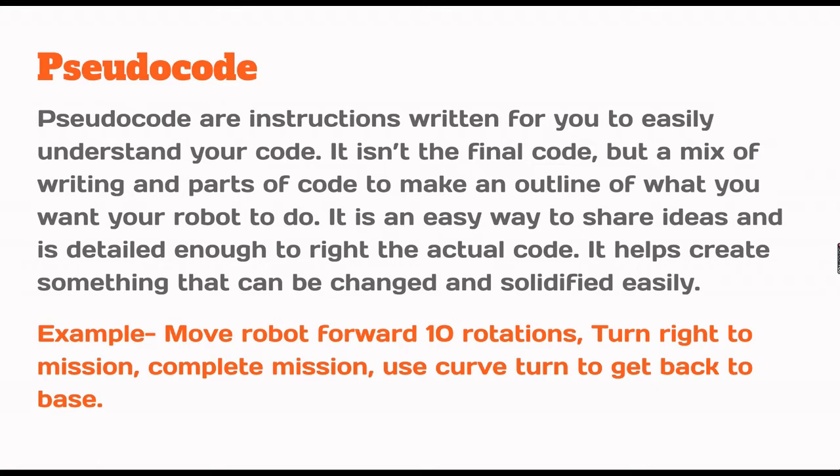And so an example would be for when you're using an FLL, you could say move forward 10 rotations. And later on in this coding presentation, you'll understand what this means. Move the robot forward 10 rotations, then turn right to the mission. Complete mission, use curve turn to get back to base.